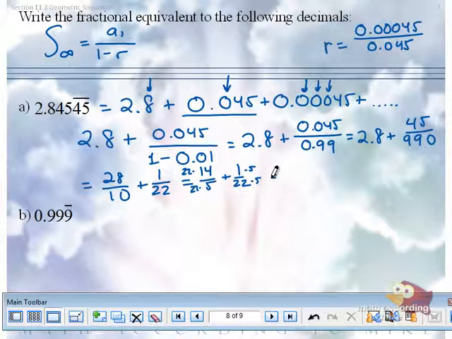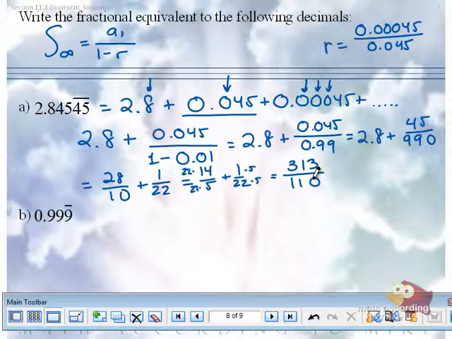So 22 times 14 plus 5 more makes 303. And 22 times 5 makes 110. I'm sorry, 313. And then 110.